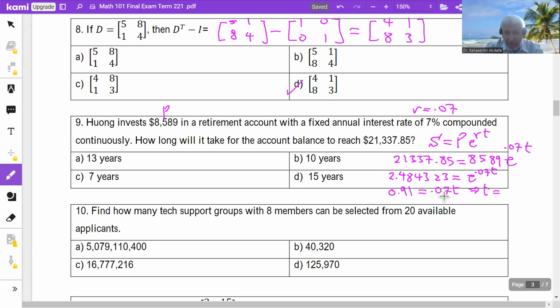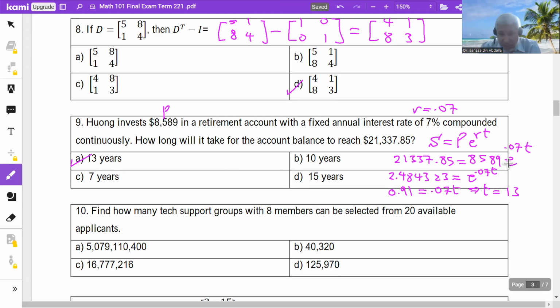And then t would be, I have to divide now by 0.07. So divide 0.91 by 0.07, you get 13.00000, a lot of zeros. So the answer is 13 years.